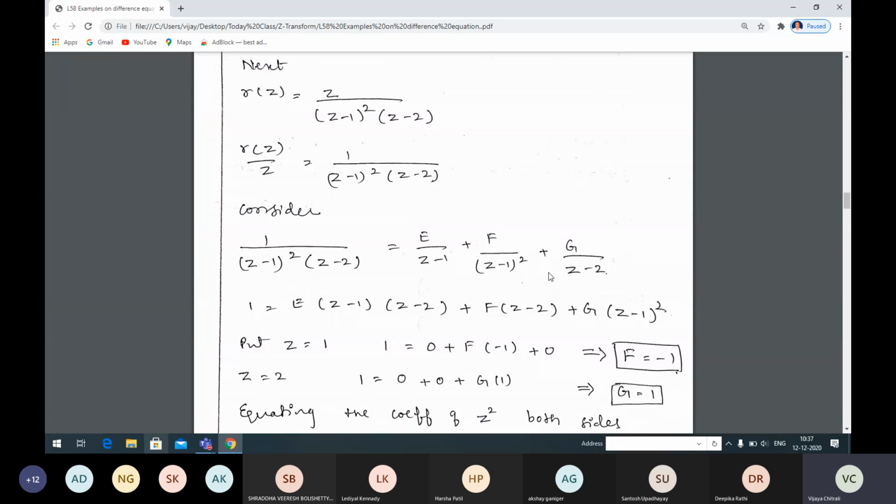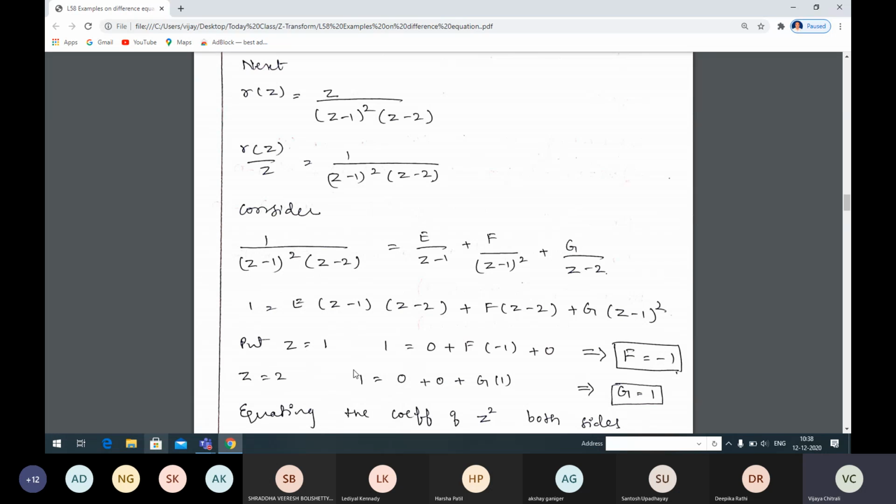Taking LCM and cancelling the denominator on RHS and LHS, we will get 1 is equal to e into (z minus 1)(z minus 2) plus f into (z minus 2) plus g into (z minus 1) raised to 2.